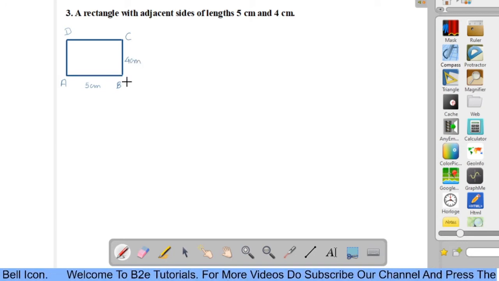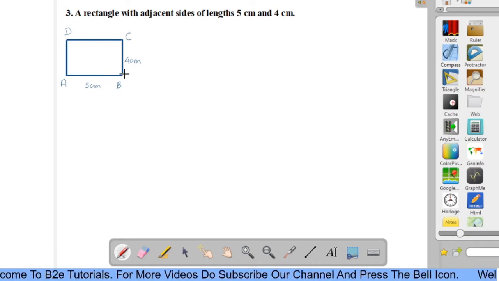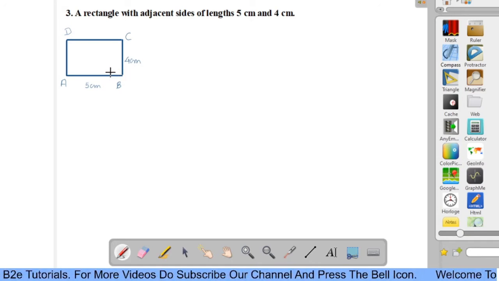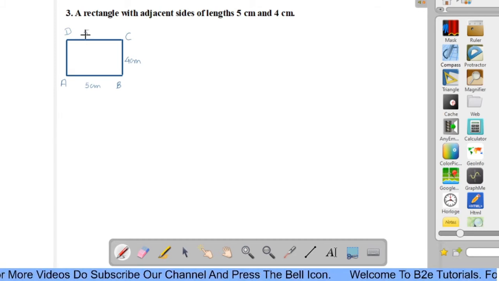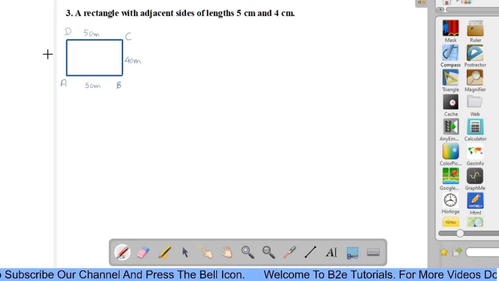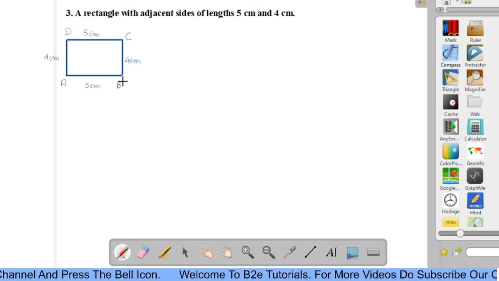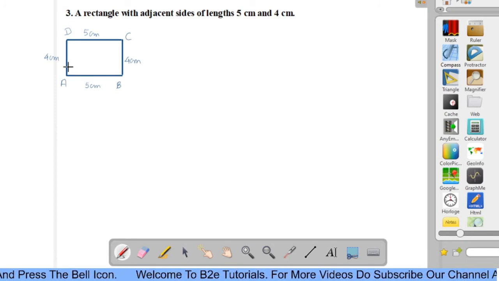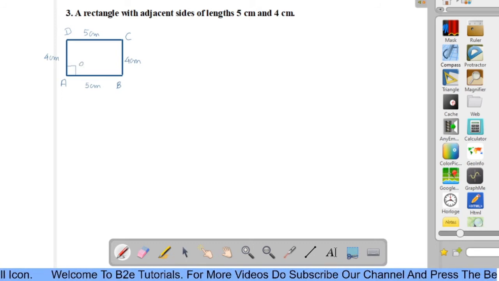Since opposite sides of a rectangle are equal, therefore AB equal to CD equal to 5 centimeter, BC equal to AD equal to 4 centimeter. Also, the corner angle of a rectangle is 90 degree, therefore angle A equal to 90 degree.